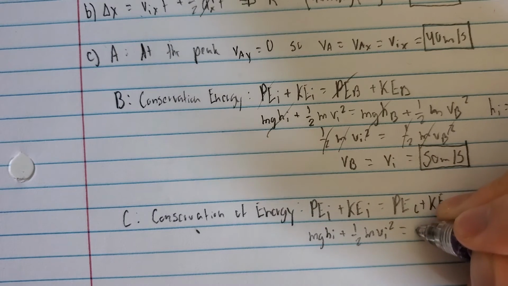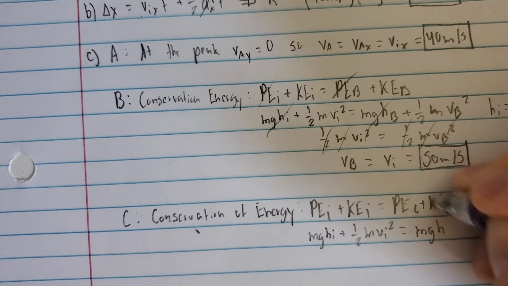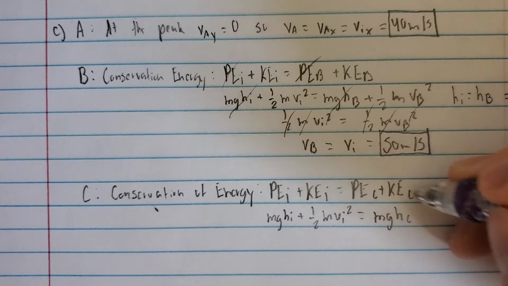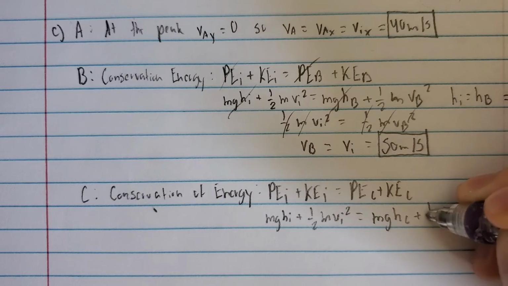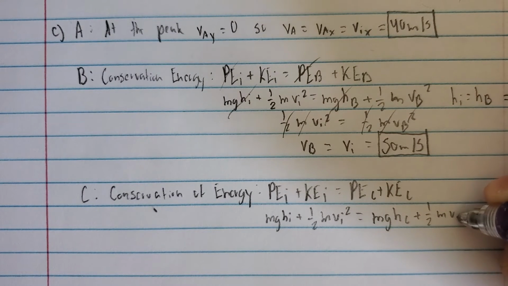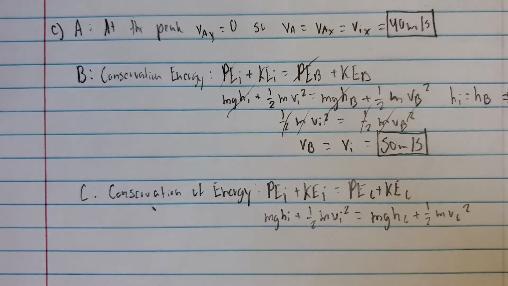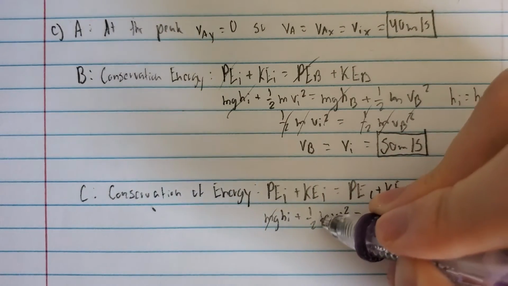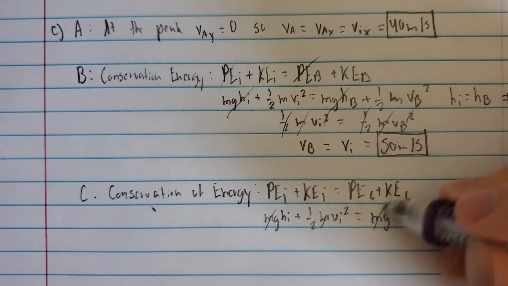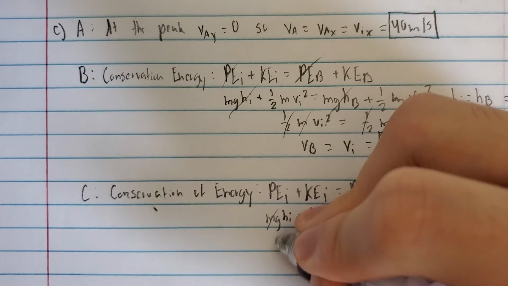Potential energy at point C is m times g times h at point C. KE at point C is 1/2 m times v at point C squared. Okay, so at this point I can cancel out all my m's, and so I'm left with this.